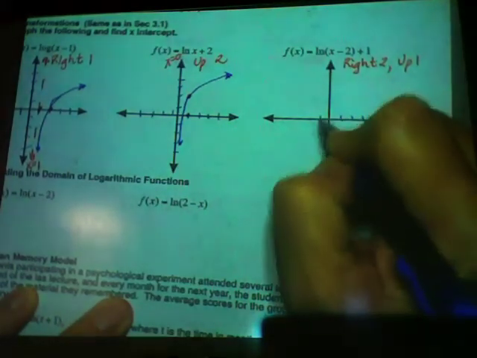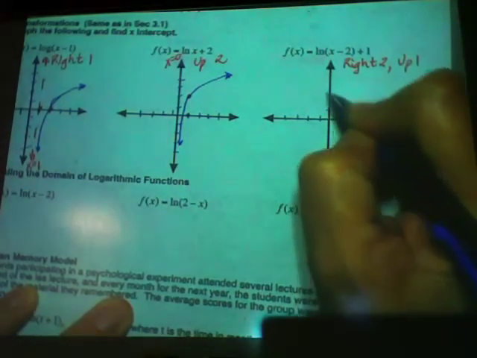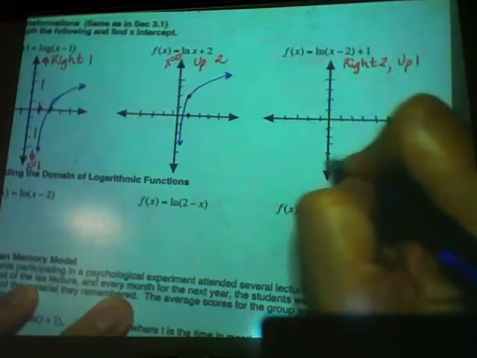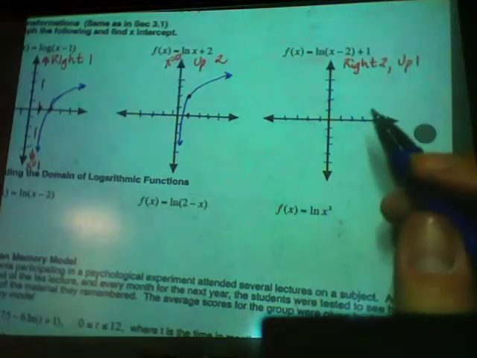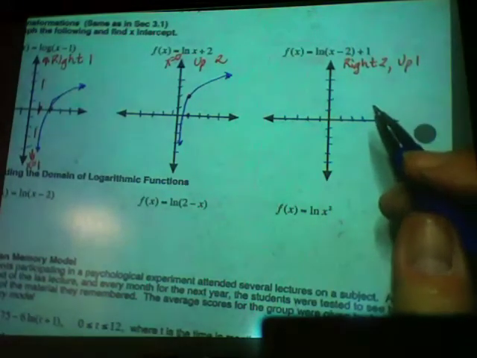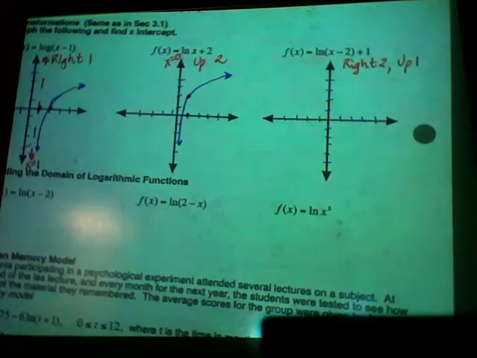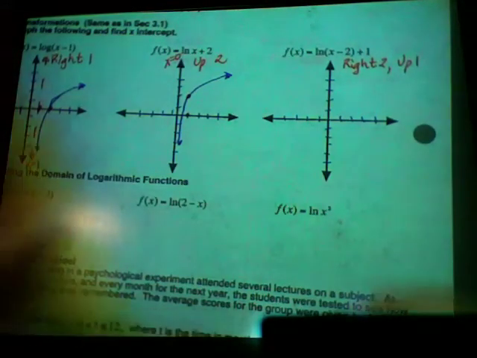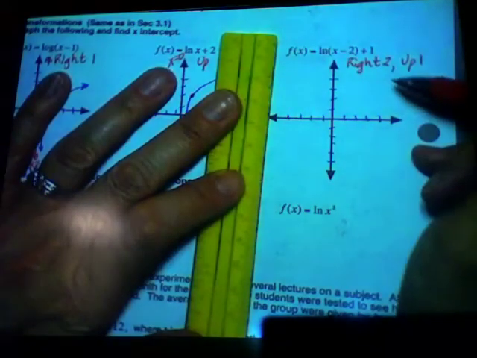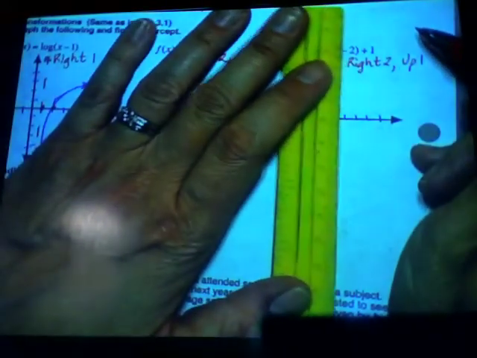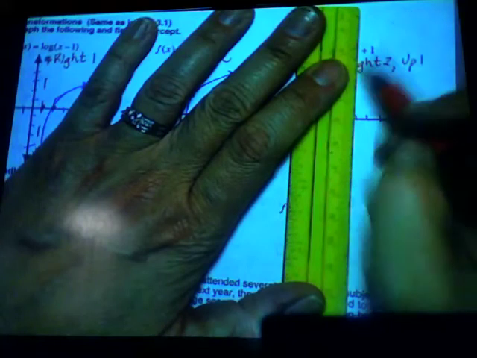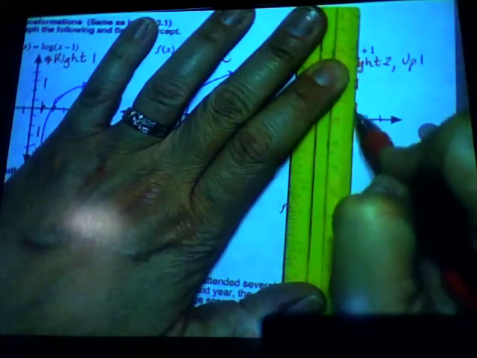The right. So now you're responsible for knowing what the graph looks like for a to the x and what the graph looks like for the log of x. Okay? Because they are different, but they're inverses. So my right 2 means that my asymptote gets moved to the right 2. So it goes through x equals 2.